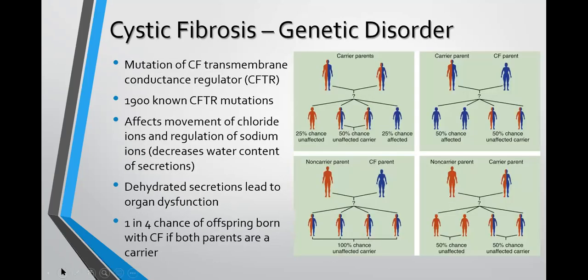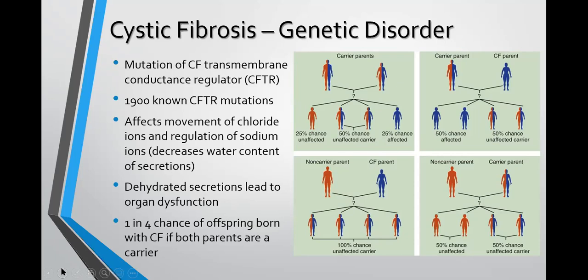This is just a little chart if you want to go back to look at how it happens. You can either be a carrier or you can be a full-fledged cystic fibrosis person, right? If 2 white people get together and both of them happen to be carriers of cystic fibrosis and they have 4 children, one of them will probably be full-fledged cystic fibrosis, one of them will not have anything, and 2 of them will be carriers.